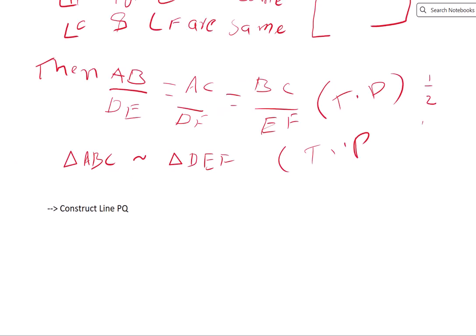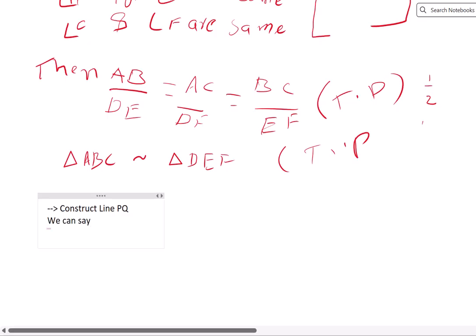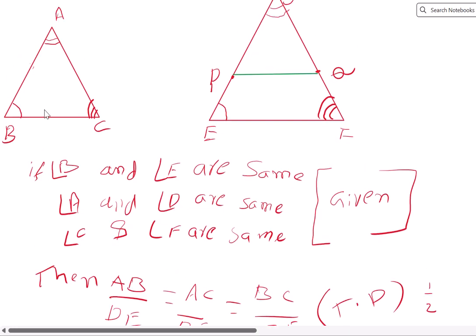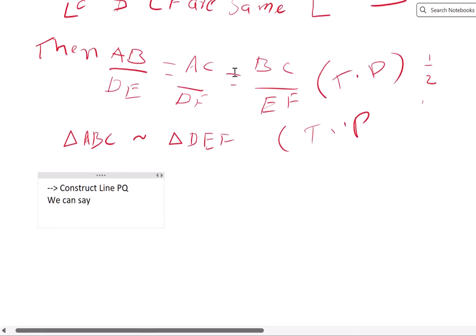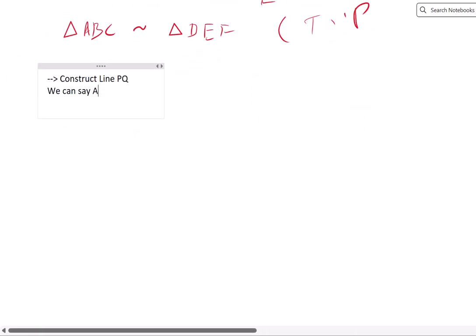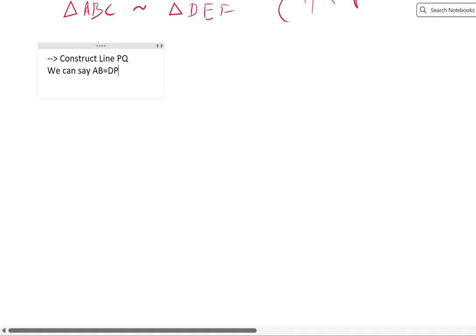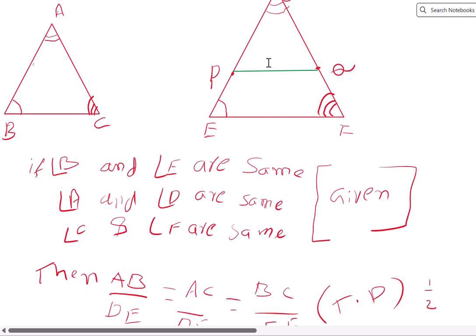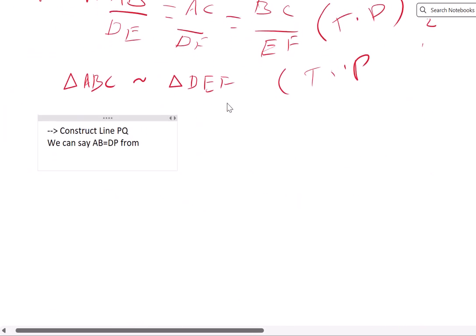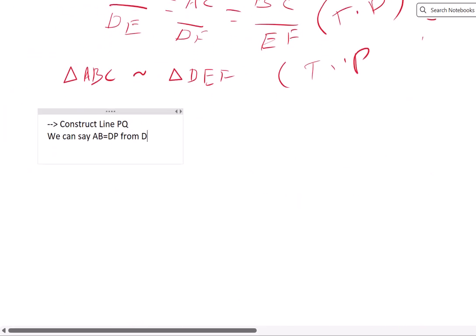Now we can say AB equal to DP, sizes will be the same, and DP is from DE.